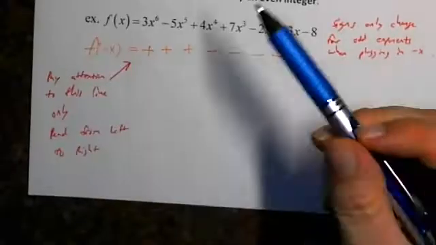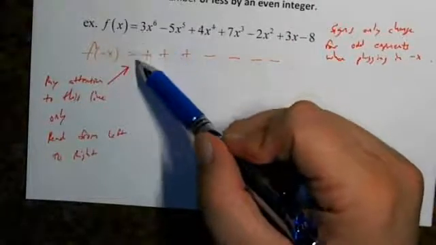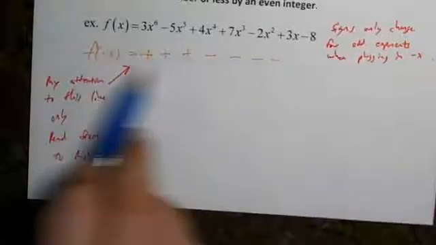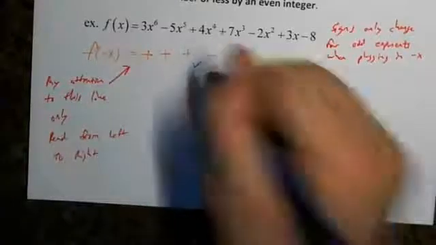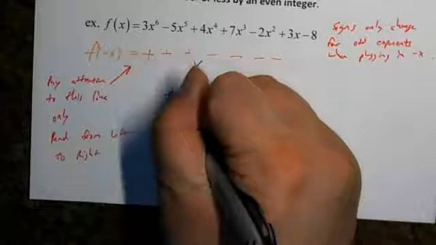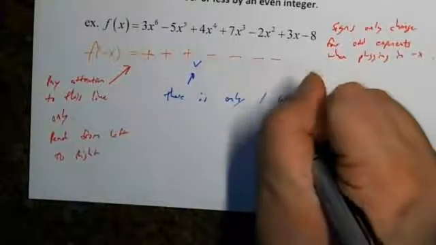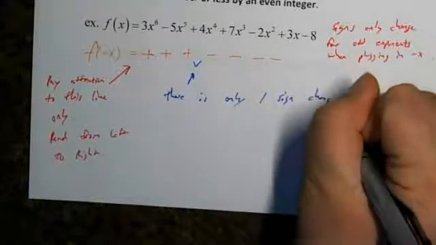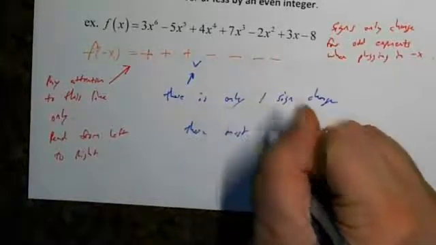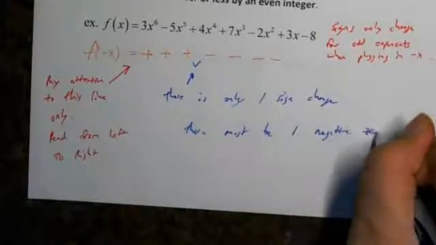We're talking about when we plug in a negative x, how many sign changes are there? Not from this equation to this equation. We're not talking about changes going this way. We're talking about changes going this way within the problem. There is only one sign change. Only one sign change. So there must be one negative zero.